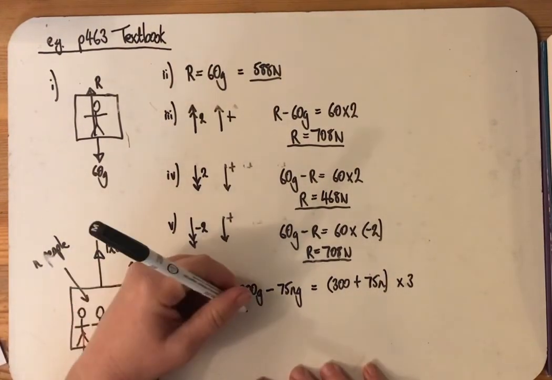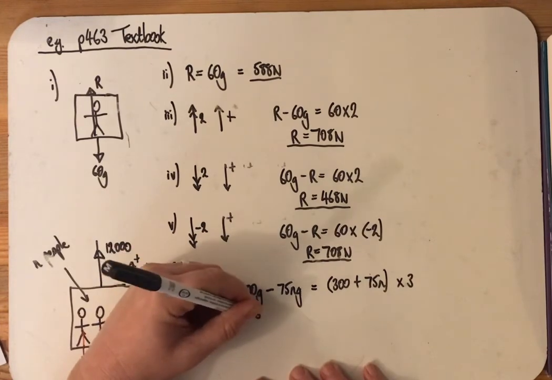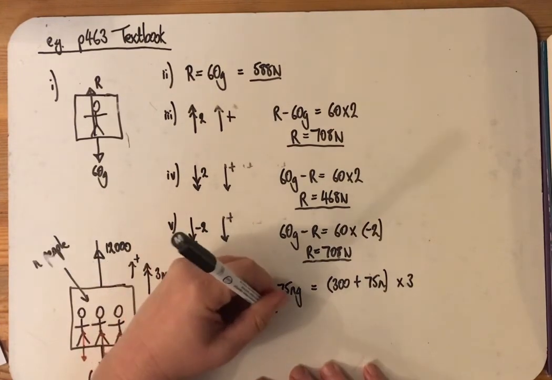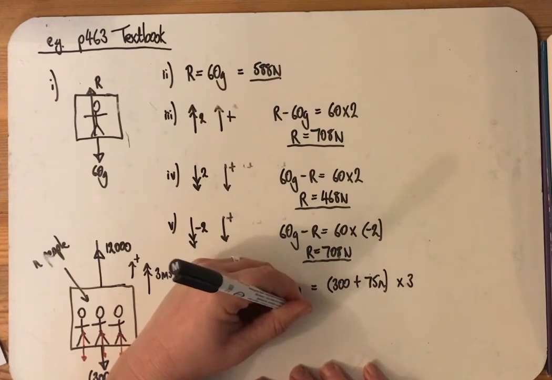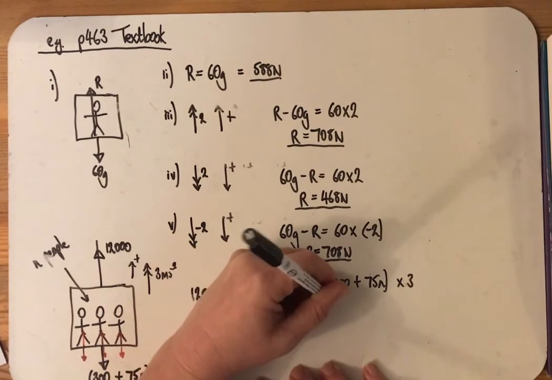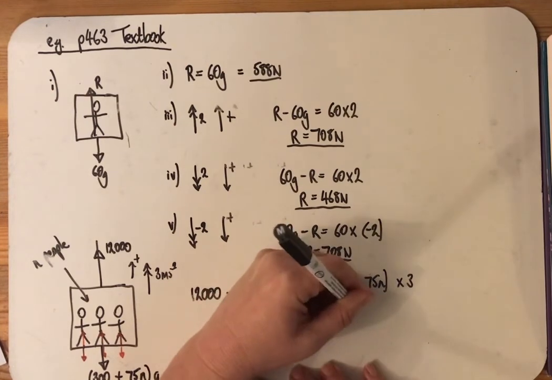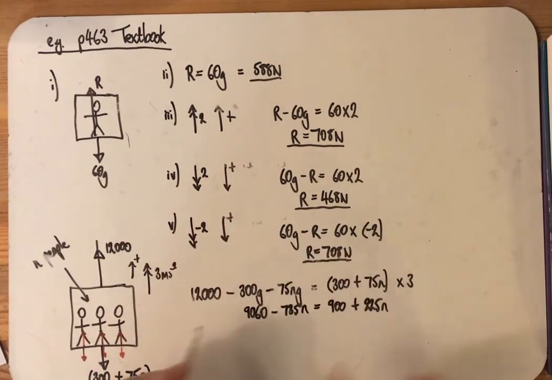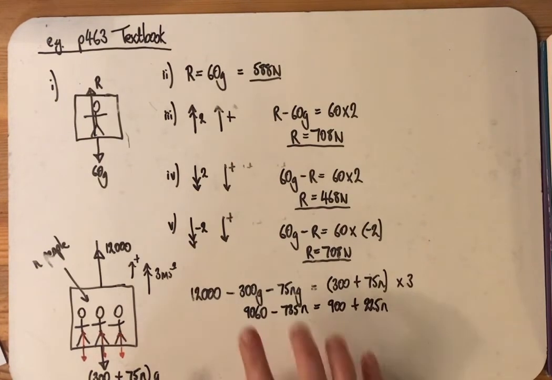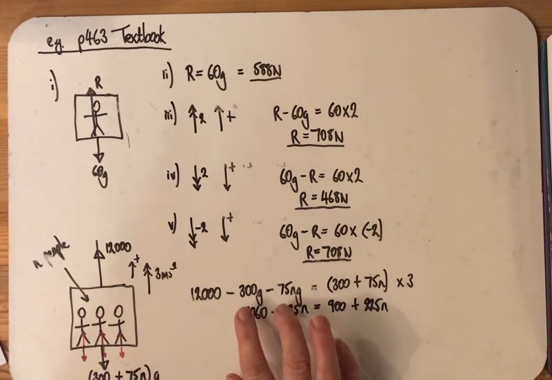So we end up with 9060 minus 735N equals 900 plus 225N, just expanding brackets and tidying up. So here I'm subtracting all of this.